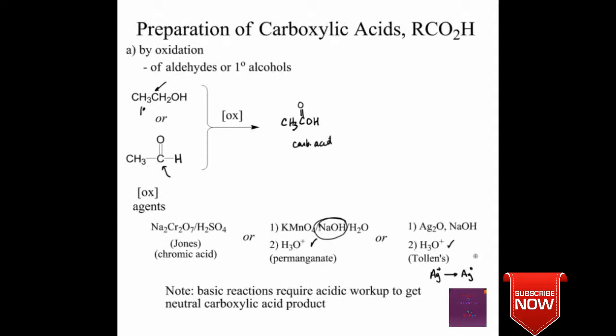And so the Tollens test is a test for aldehydes. If you treat it with silver oxide, it'll form silver metal. And the silver metal, if it's done just right, can plate itself out on the inside of the glass wall of the test tube, and you can get a mirror that's formed in this reaction.